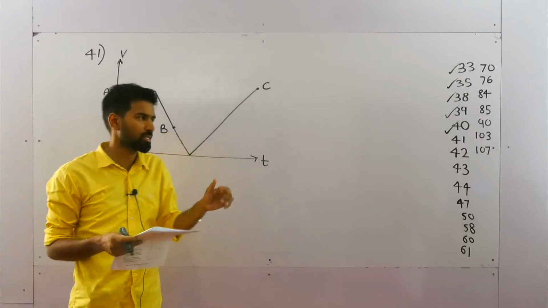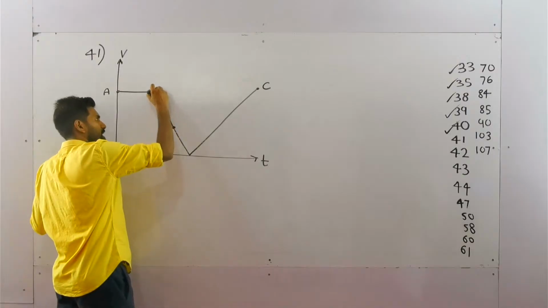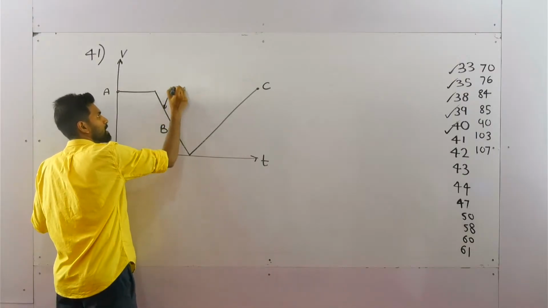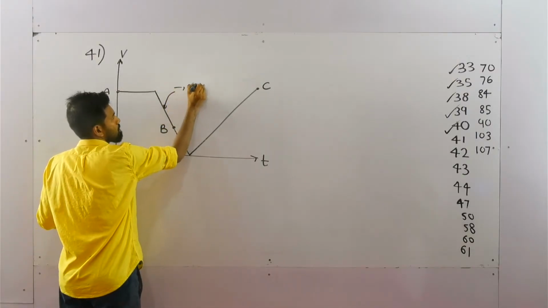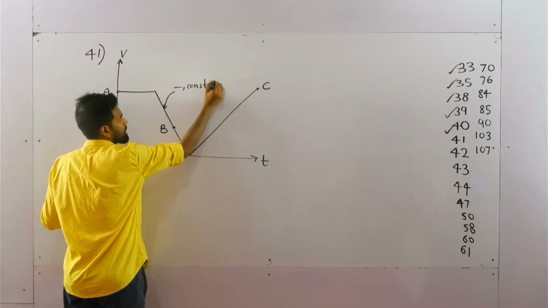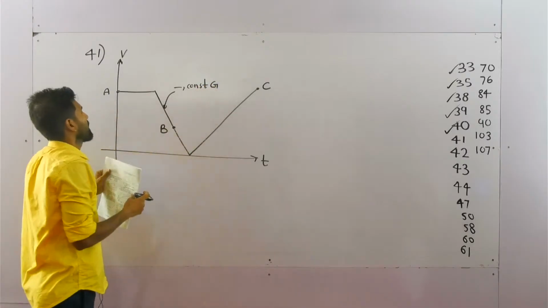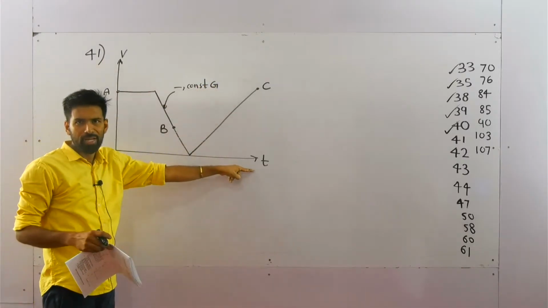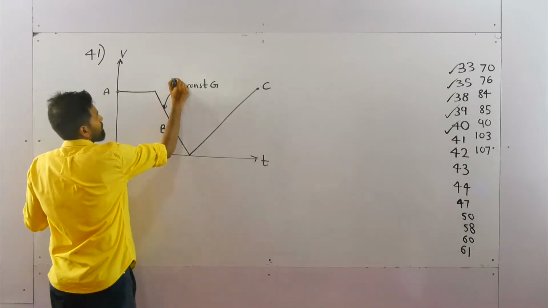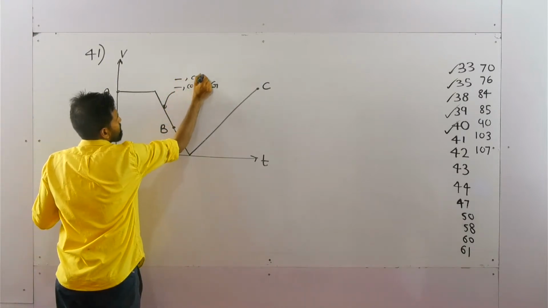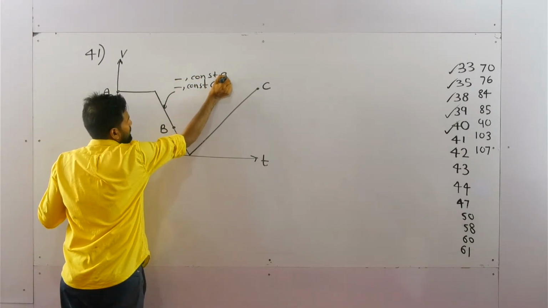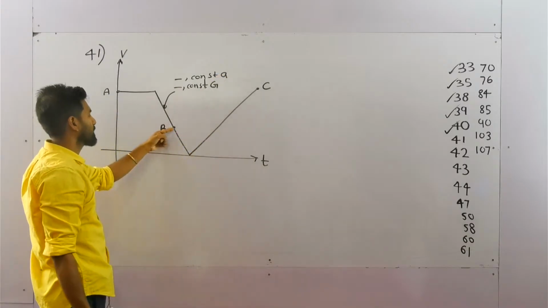The value is minus. This is a straight line from here to here. In a velocity time curve, the gradient is the acceleration. So it's a minus constant acceleration.